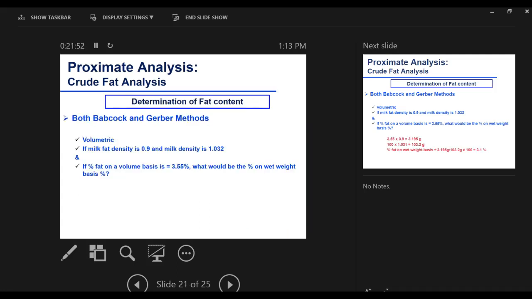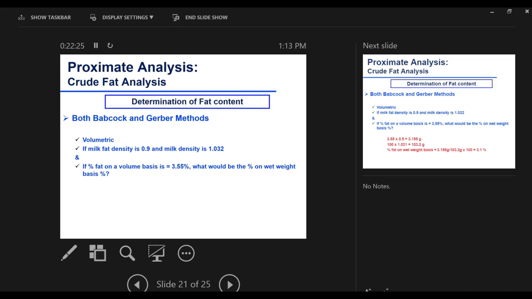Both Babcock and Gerber are volumetric methods, not gravimetric, so it's not based on measuring the weight. But here's an example. If the milk fat density is 0.9 and milk density is 1.032, and you got a percentage of fat on a volume basis in milk of 3.55 milliliters per 100 ml.